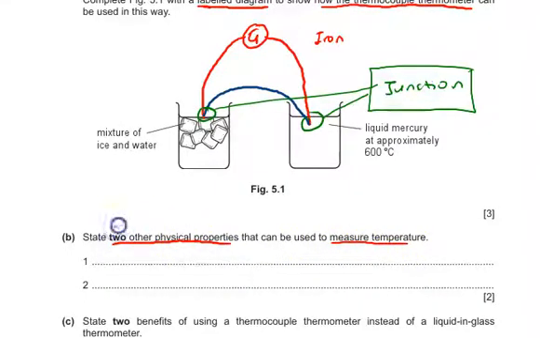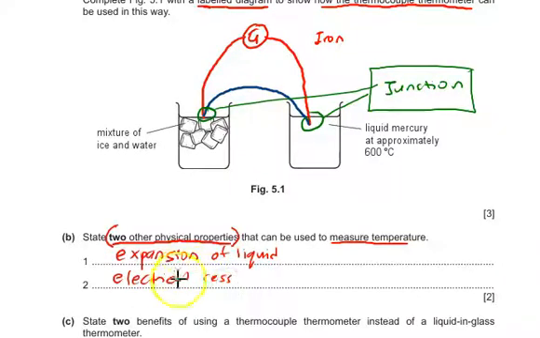Since they are asking about physical properties, you can mention our normal thermometer with mercury, which involves expansion of a liquid. And you can also use electrical resistance.